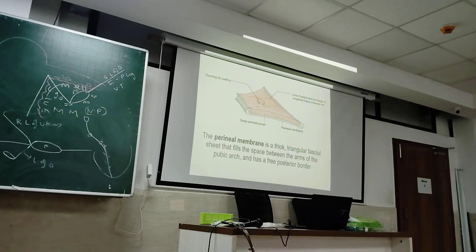The perineal membrane is a thick triangular fascial sheet that fills the space between the arms of the pubic arch anteriorly and is free posteriorly. Notice, the pubic arch is not the pubic symphysis. So there is a gap between the transverse perineal ligament anteriorly and the pubic symphysis.